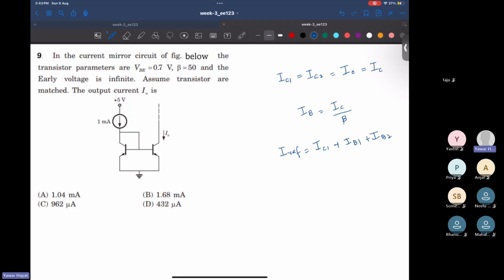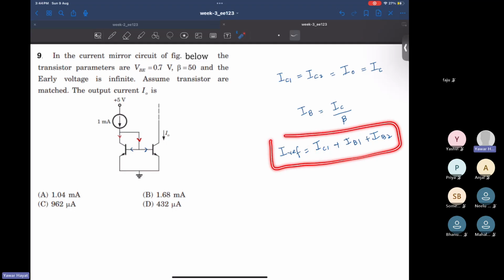See, this is IB1, this is IB2. Their sum is this much, and then IC1 is this. That's why your IREF is this. Is this clear? Yes, no? Yes. Okay.